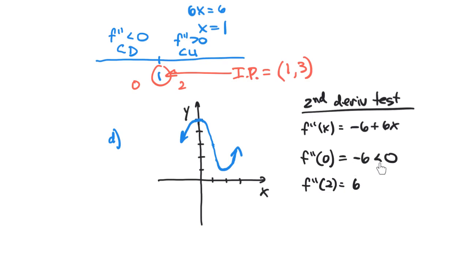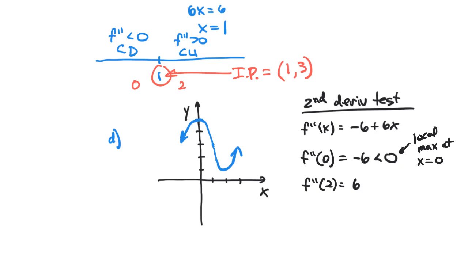So if you have a frown, it means that the curve is doing something like this, which means that the point that you found has to be a local max. So by the second derivative test, there's a local max at x equals 0, which is the same thing that we found before.